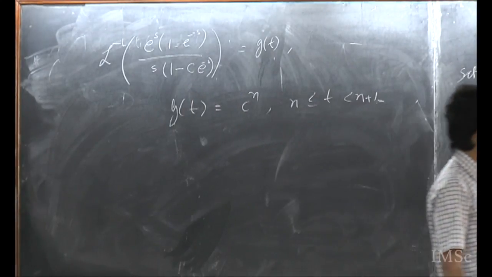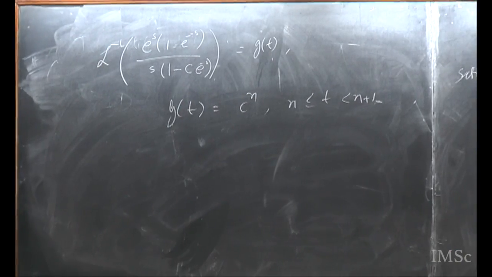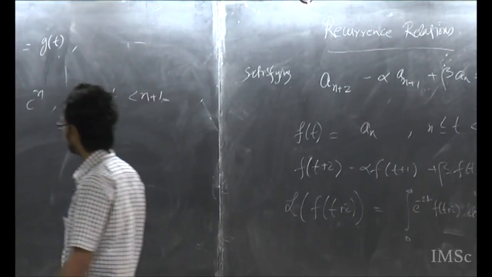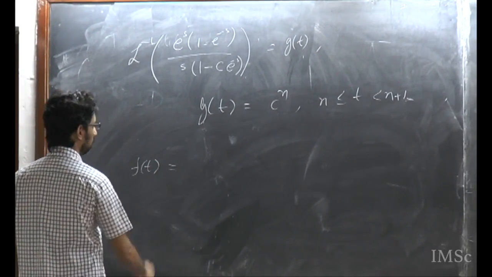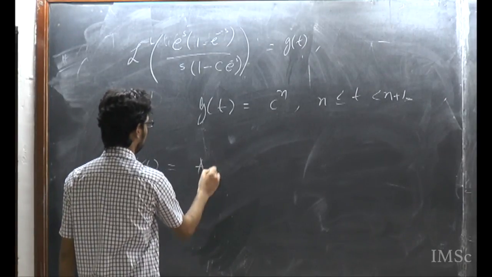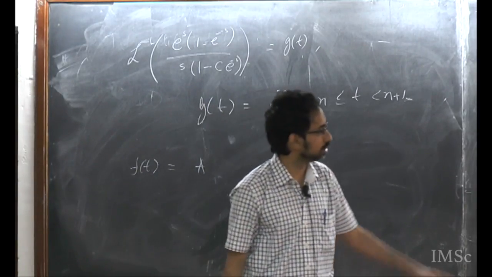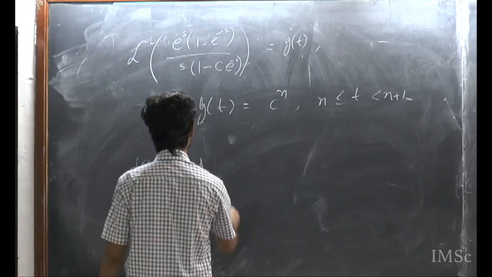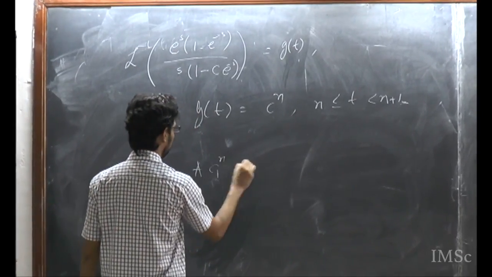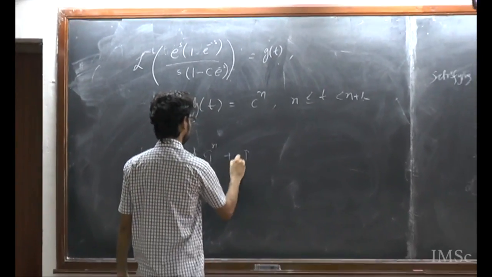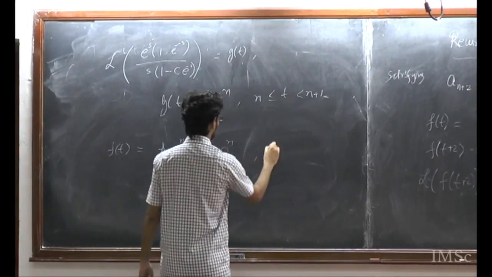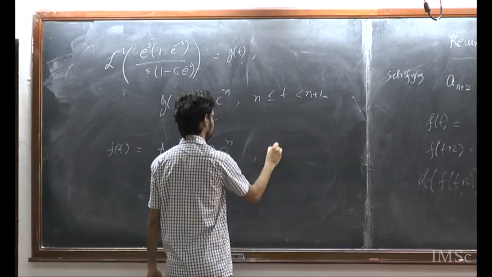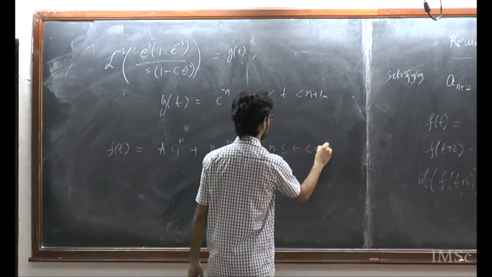So when you take the inverse Laplace transform there, you will get the solution f(t). This will be A c1 to the power n plus B c2 to the power n for n less than or equal to t less than n plus 1.